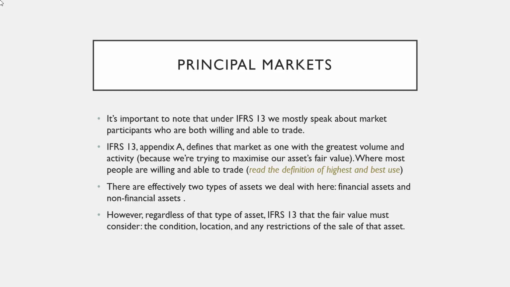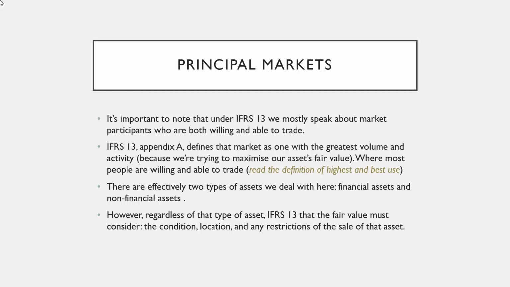Read the definition of highest and best use for a non-financial asset. And IFRS 13 Appendix A defines the principal market as one with the greatest volume and activity, because we are trying to maximize our assets' fair value. It is where most people are willing and able to trade.